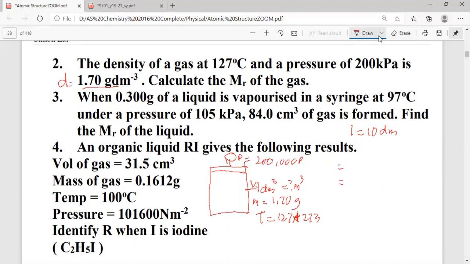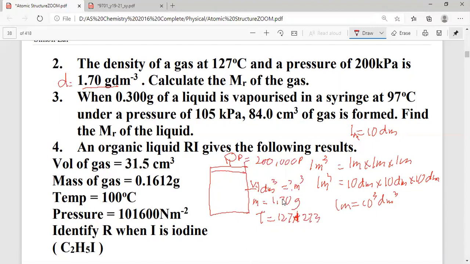Here should be 1 meter cube: 1 meter times 1 meter times 1 meter. So 1 meter is 10 dm times 10 dm times 10 dm. So it's equal to 10 to the power of 3 dm cube.